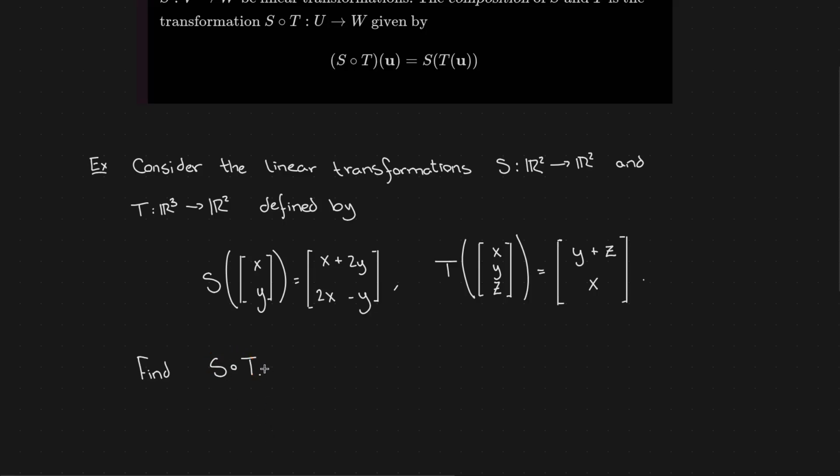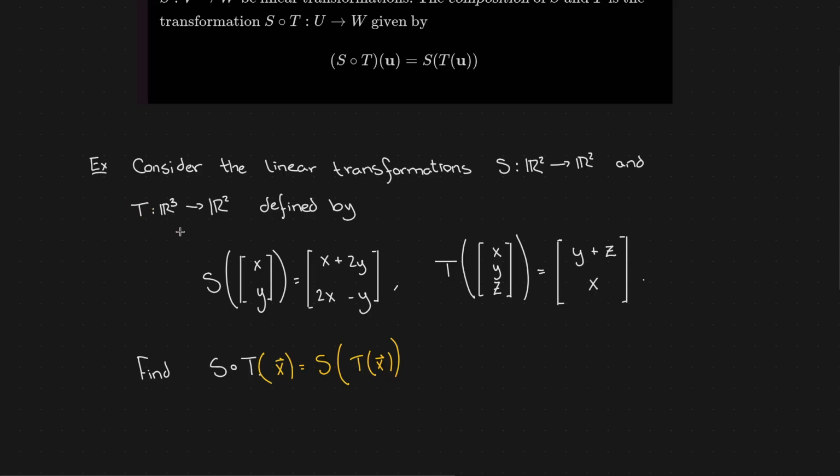Notice, by the way, we know that for S compose T, the input is going to be R3, because S compose T of a vector is equal to S of T of the vector. The vector gets plugged into transformation T first, so it needs to be a three-dimensional vector.